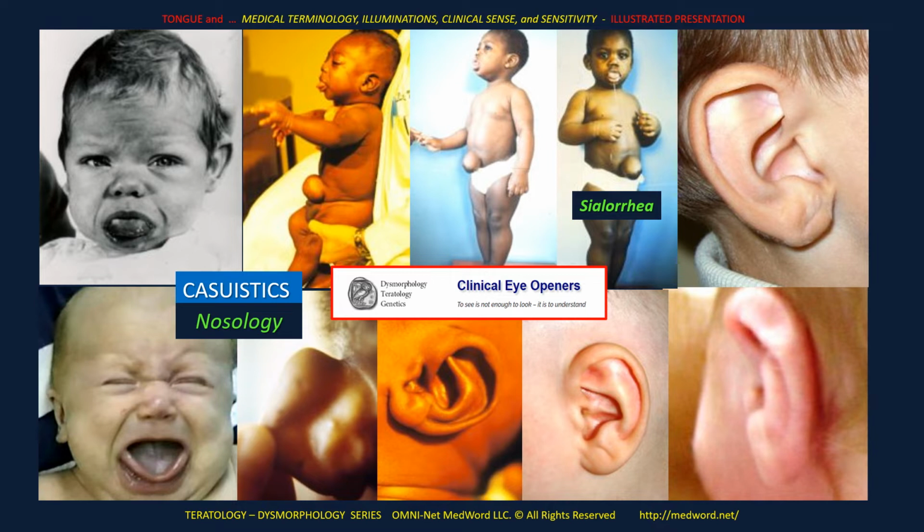But without casuistics, we cannot develop nosology. What is nosology? Noxa. We need to know about the nature of disease. And the nature of disease is constructed on the basis of reality, which is then on the basis of case medicine.